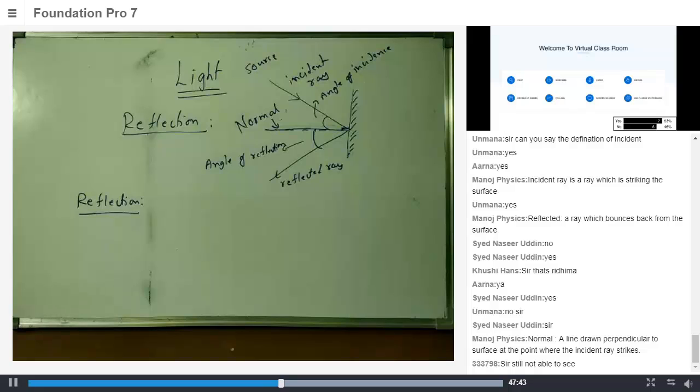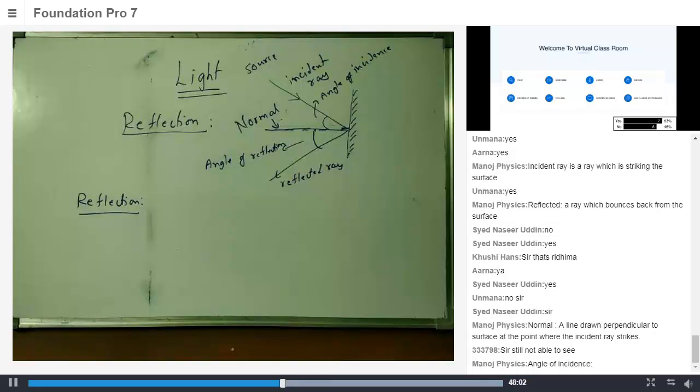Done. So all of you have taken normal, a line drawn perpendicular to the surface at the point where the incident ray strikes. I'll just write it on the board. Then we have angle of incidence. So this I'll write on the board as well as type it.